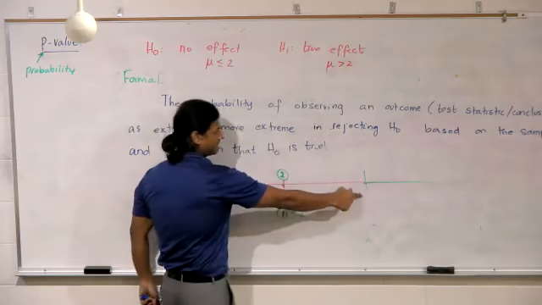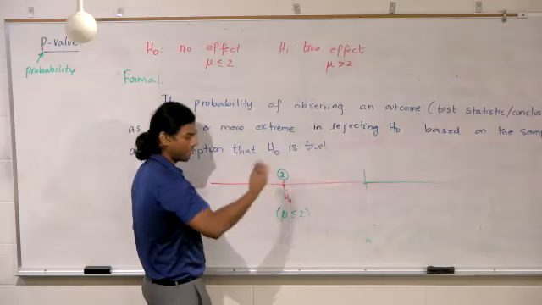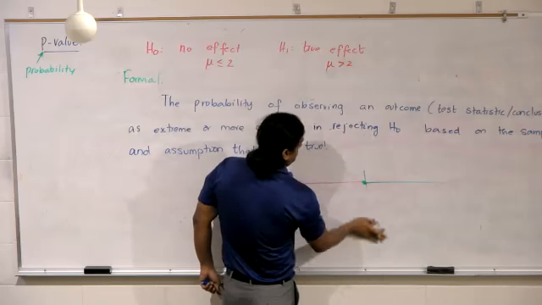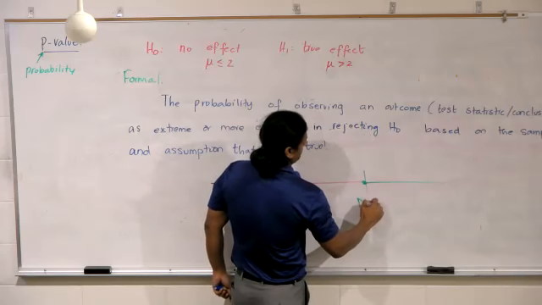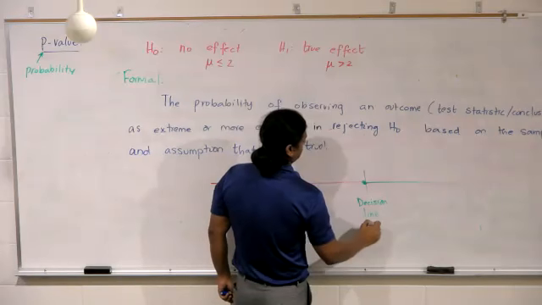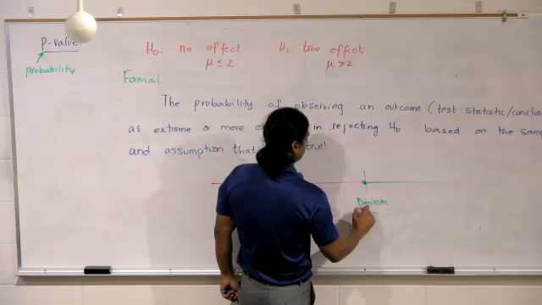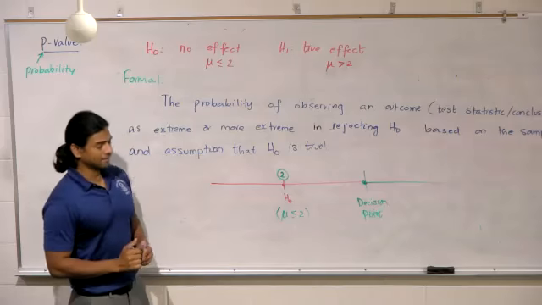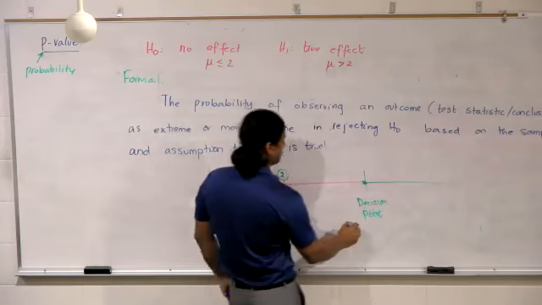Let's say there is some cutoff over there. That's what's going to help me make that decision. Call it decision point, the fancy name for it is a critical value.